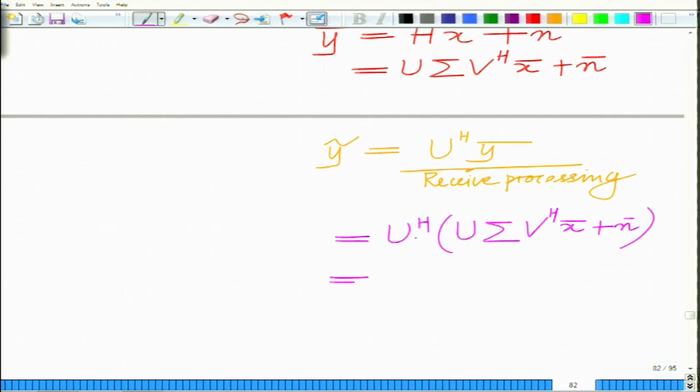Now, if you look at this, you have U Hermitian U, which is identity. So, what remains is Sigma V Hermitian x bar plus U Hermitian n bar, which we will call n tilde, because remember U has orthonormal columns.